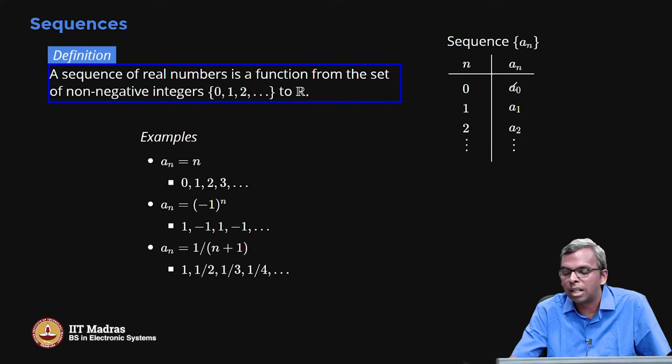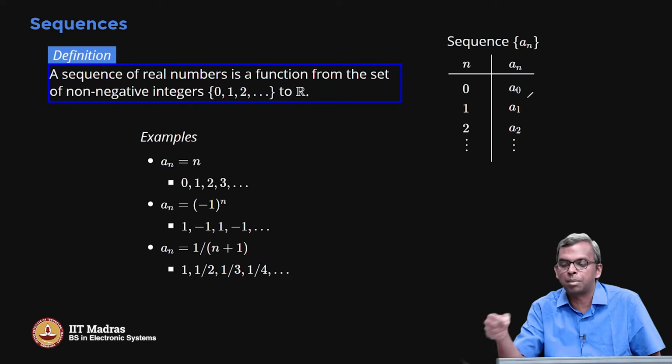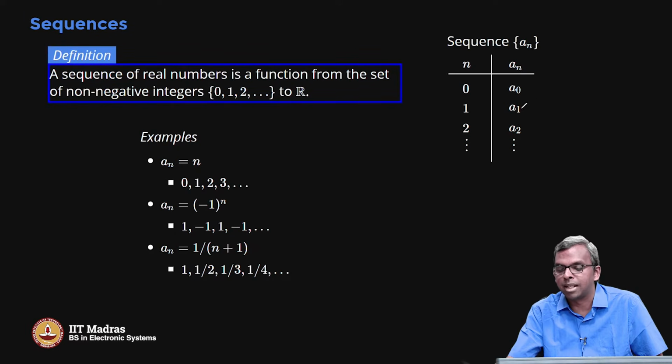Notice how I say a0, a1, but I write it as a subscript: a subscript 0, a subscript 1. Usually people say just a0, a1, a2. The sequence itself is denoted using curly braces around a_n. While a_n denotes only one value that the sequence takes at n, the curly braces denote the entire sequence.